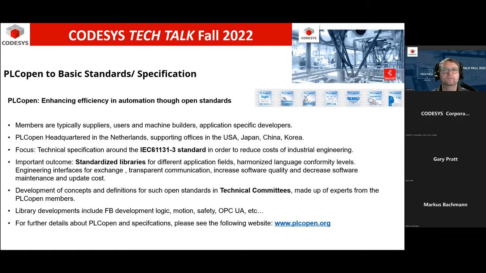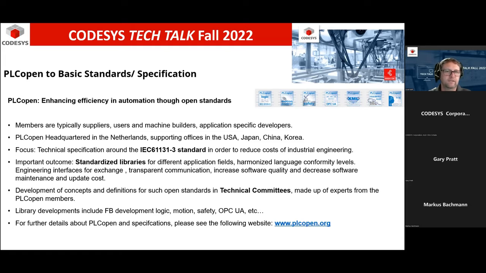The fundamental reason was not only to reduce the cost of industrial engineering and the time to get your product to market, but to create a standard, so we're not having all these vendors do different things along the way, meaning vendor A does function blocks one way and vendor B does it a different way. It was to create a standardization throughout the industry to simplify it for industrial engineers or automation engineers.